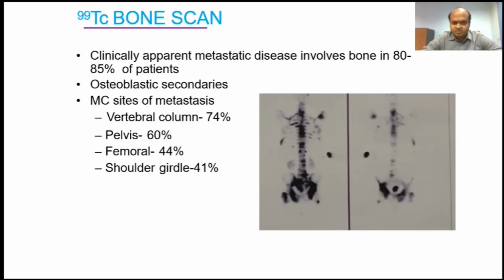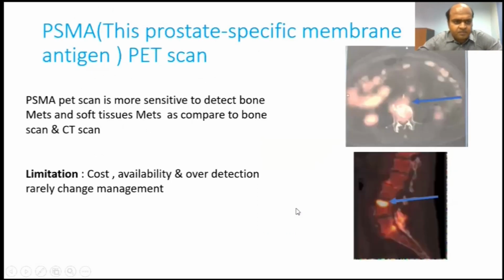The most common site of prostate cancer metastasis is the vertebral column, followed by pelvis, then ribs, femur, shoulder girdle, etc. In the right side image, you can see there are multiple metastases throughout the skeletal system involving most of the spine as well as pelvic bones.